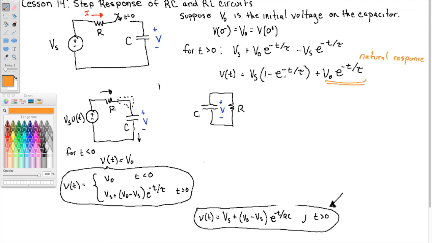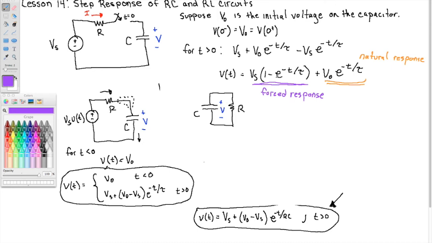Okay, so what are the other two terms then? This thing here, this is called the forced response. The orange is what the capacitor wants to do naturally, like this here in the source-free circuit.